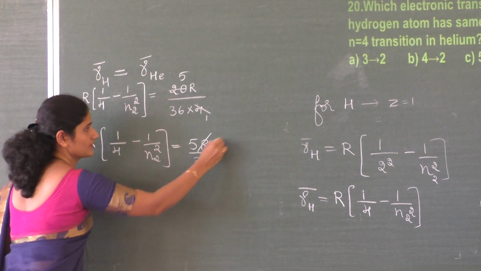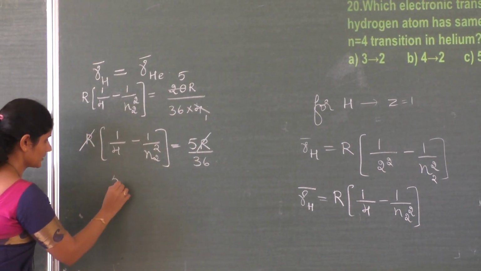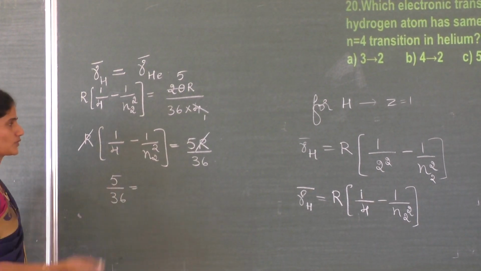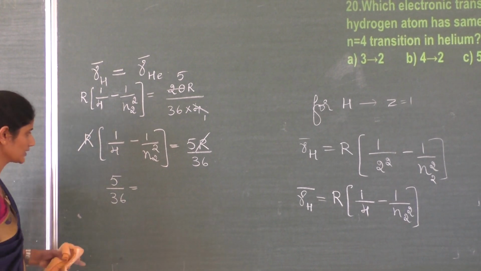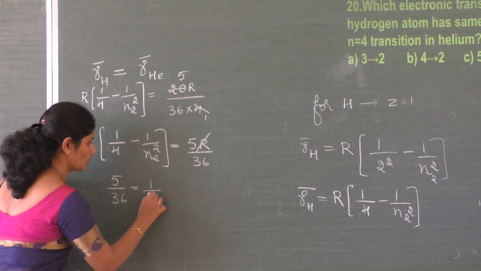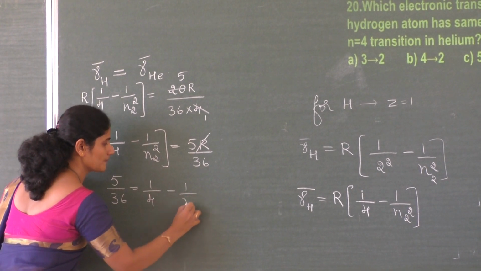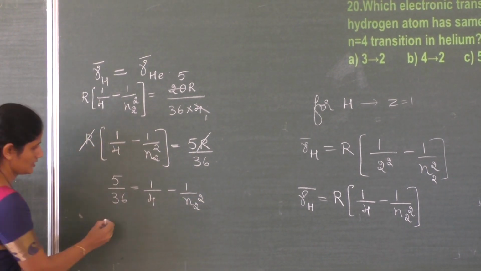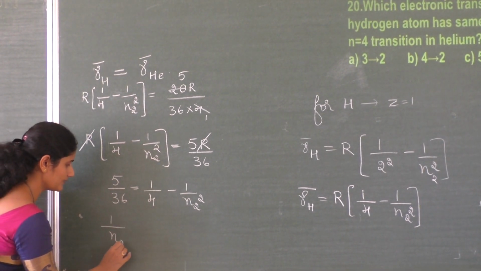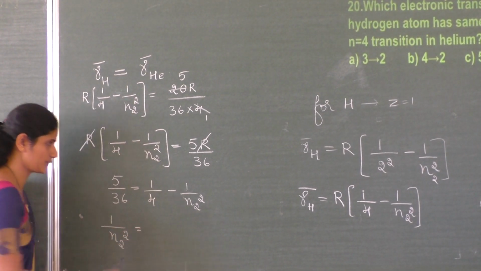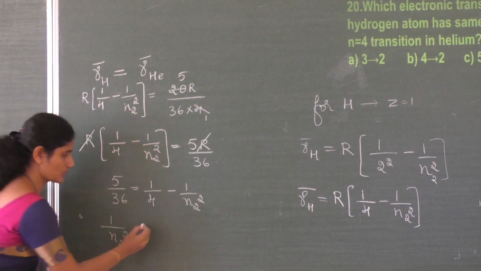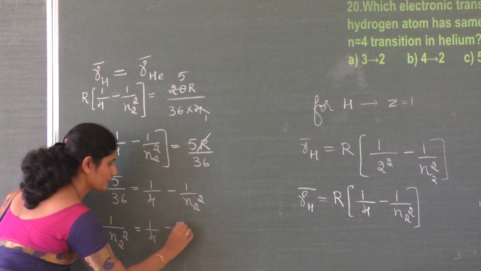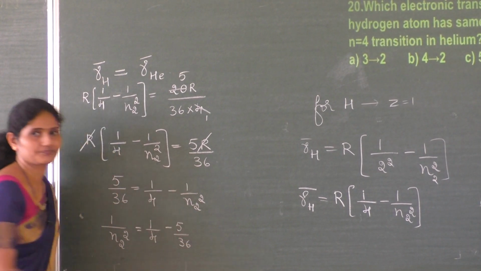So R cancels. 1 by 4 minus 1 by n2 square is equal to 5 by 36. So 1 by n2 square is equal to 1 by 4 minus 5 by 36.